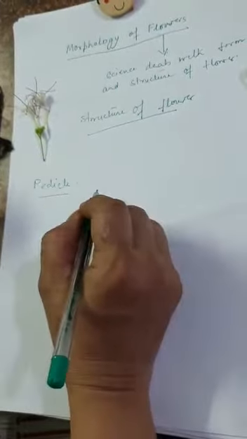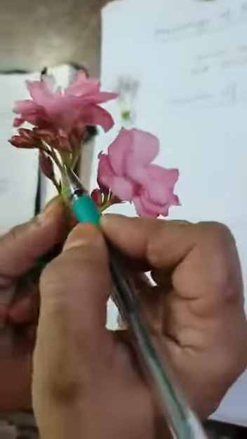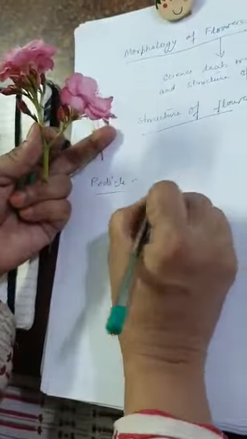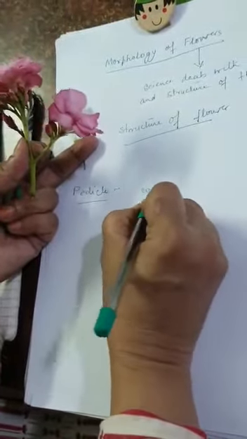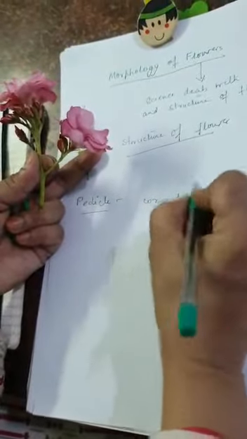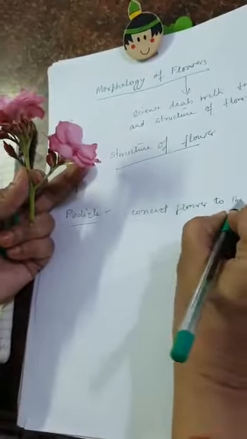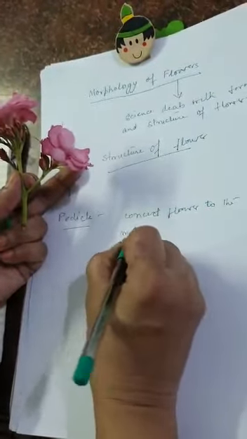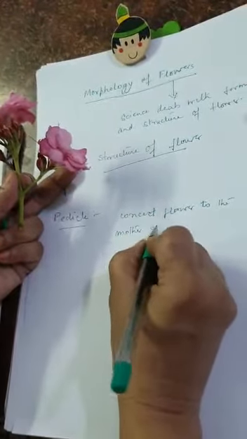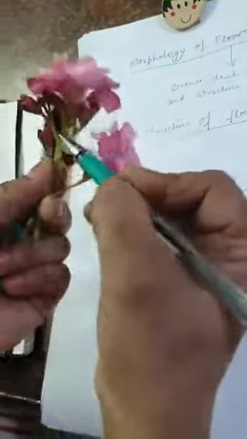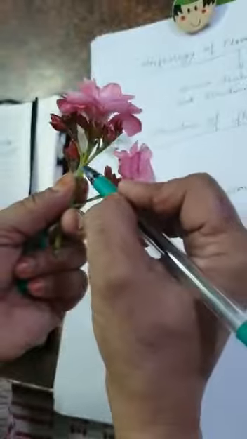It connects the flower to the mother stem. Pedicel is the part of the flower which connects the flower to the mother stem.